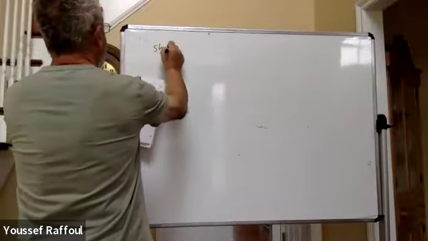Let's say I have a_n, and that is the graph of it. It's 1, 1/2, 0 at 2, and this is 1, 2, 3, 4.